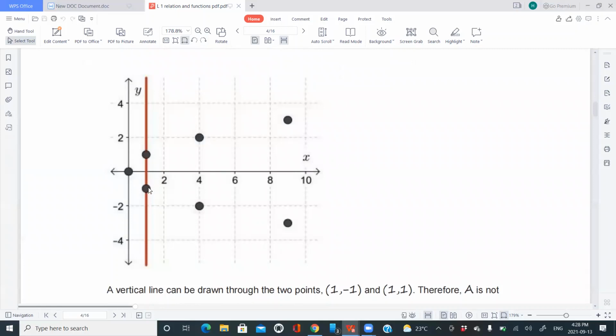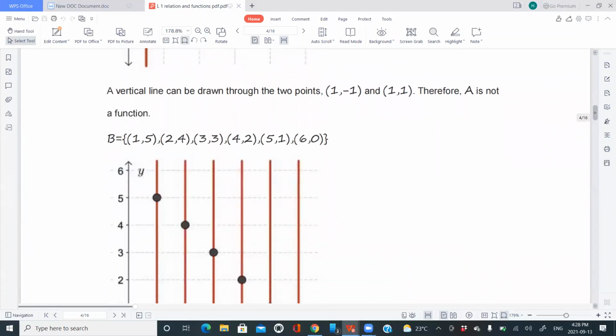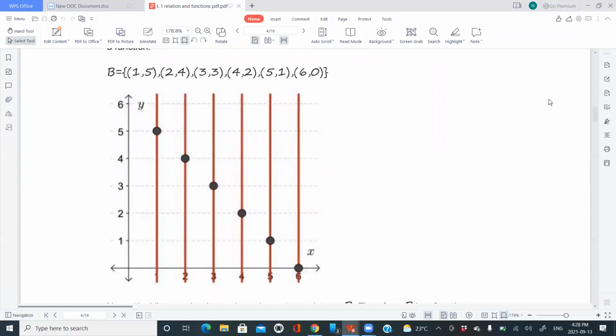You can see that. So this relation is not a function. In the B portion, when we plot the B ordered pairs, no matter where we draw the vertical line, for each and every single value of X, we are having a single value of Y, right? So yes, this is a function.